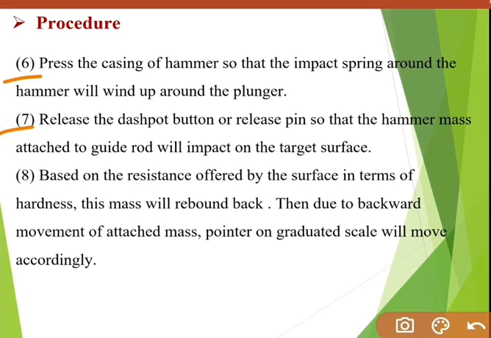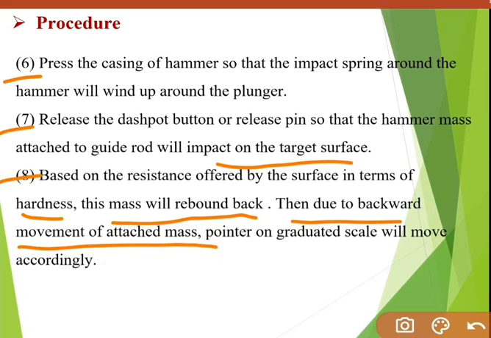7. Release the dashpot button or release pin so that the hammer mass attached to guide rod will impact on the target surface. After that, based on the resistance offered by the surface in terms of hardness, this mass will rebound back. Then, due to backward movement of attached mass, pointer on graduated scale will move accordingly.